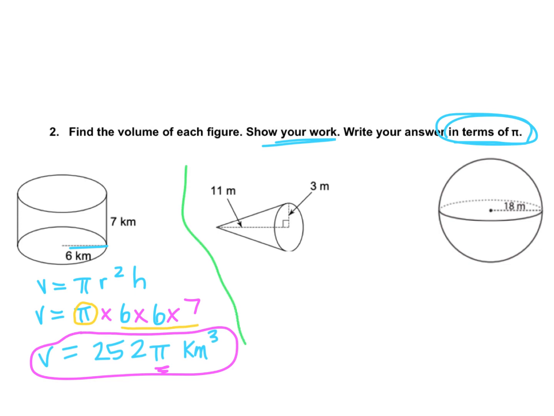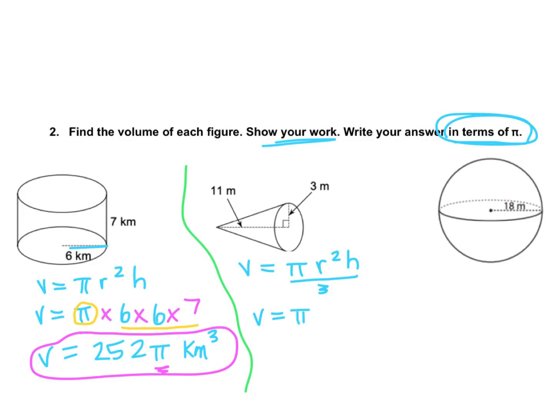The next one is a cone. We're going to show all of our work. On your formula sheet, the formula is 1/3 pi r squared h. Some students like to do pi r squared h and divide that by 3. Either one will work. I'm going to show you the divide by 3.